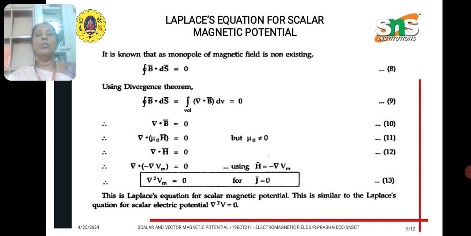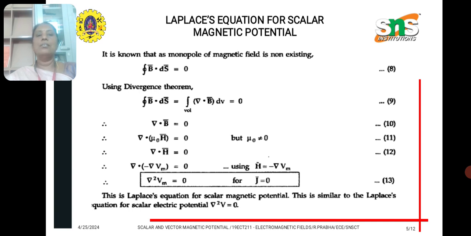And now we are going to see the Laplace equation for scalar magnetic potential. So we know that the magnetic field does not have monopoles. So the integral over the closed path of B dot dS is equal to 0. But according to the divergence theorem, this integral over the closed surface of B dot dS is equal to the volume integral of del dot B dv, and this is equal to 0.